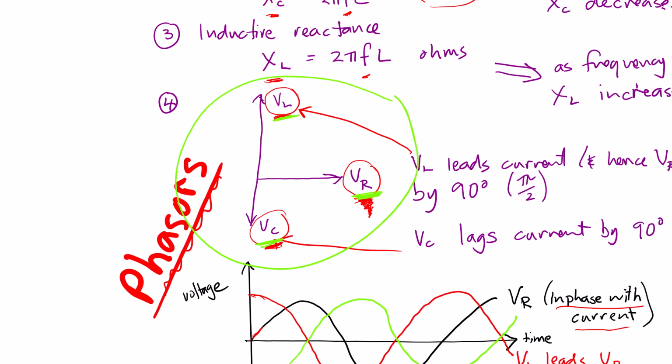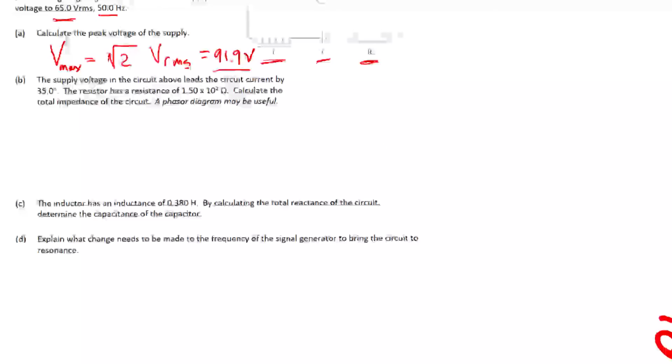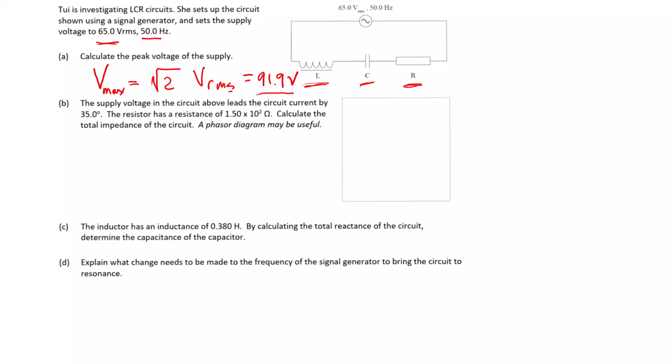So we can draw our phasor diagram over here, and we'll draw it like this. The voltage across the inductor is up here, so this is also the inductive reactance, and down here we've got the capacitive reactance, and across here we've got the resistance.